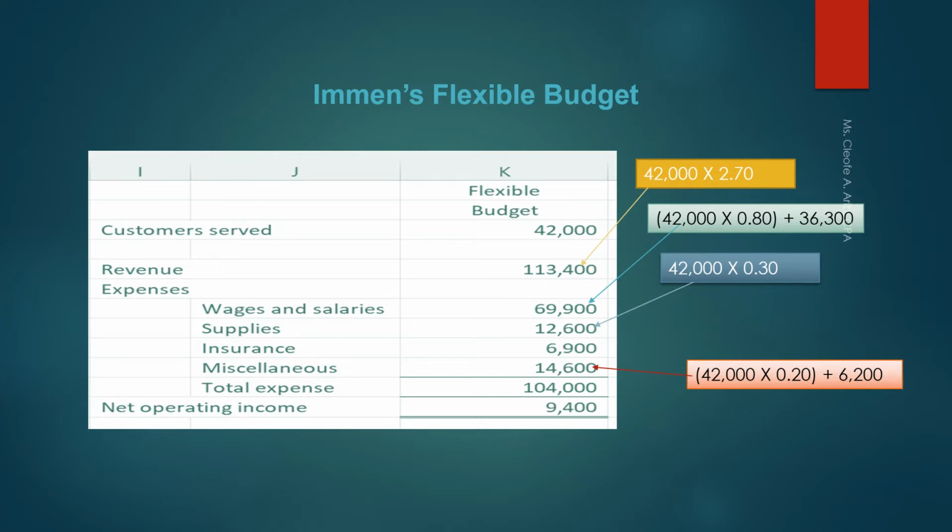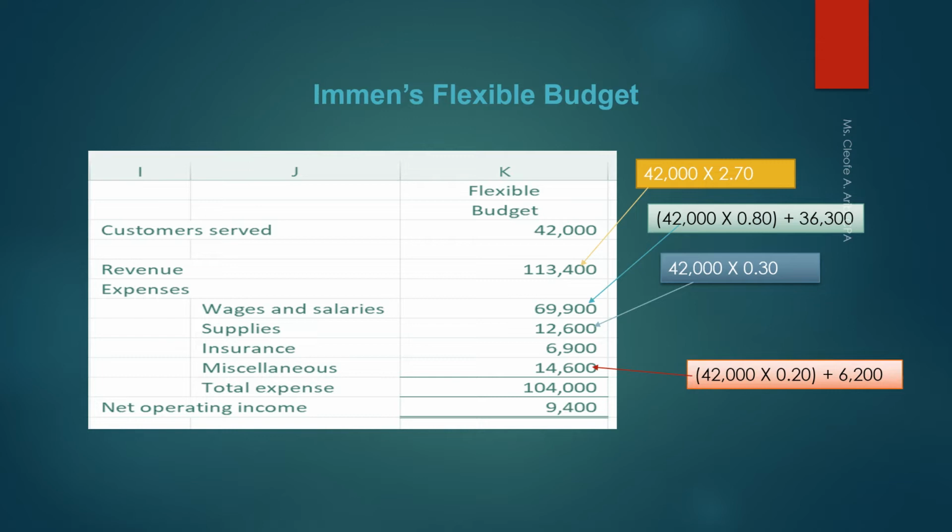In the preparation of your flexible budget, we will be needing data from your actual and from what you have originally budgeted. So, the cost formula will come from your budget, but the cost formula is adjusted because the driver we will use will be the actual result. So in this case, we will be using the actual number of customers served. How many is that? You have 42,000.